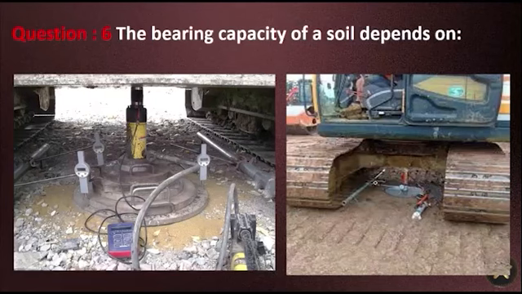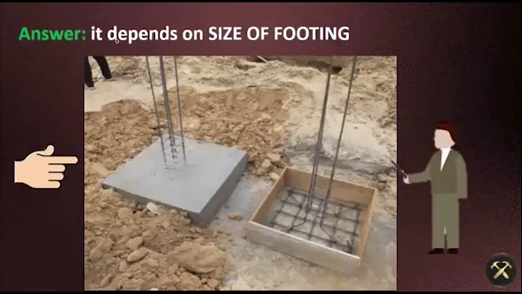The bearing of the soil depends on the size of the footing. For example, in some locations, if the bearing of the soil is less, we need to increase the size of the footing.